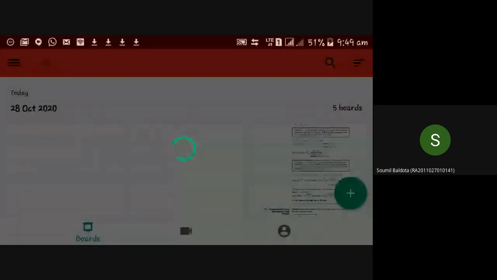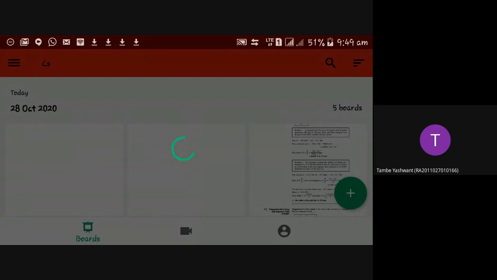Ma'am, from which book are you teaching us? These are taken from the net. I'm not using a book. I'm taking material from the net, whichever is good, and teaching. I'm also forwarding these materials in the group, whichever PPT is nice.